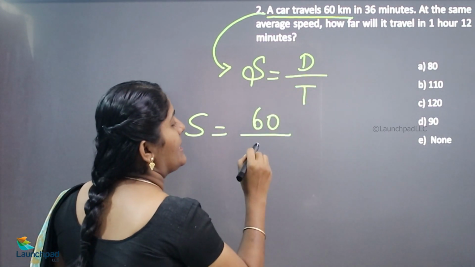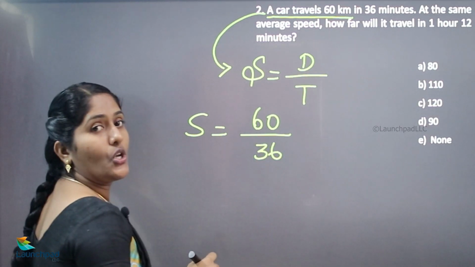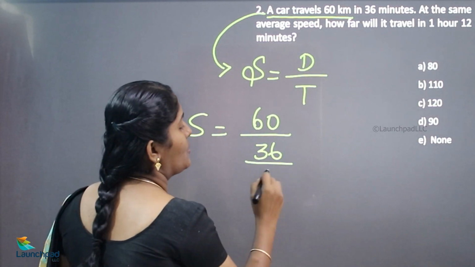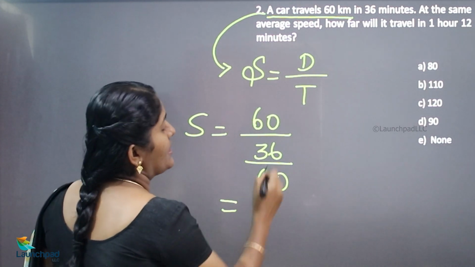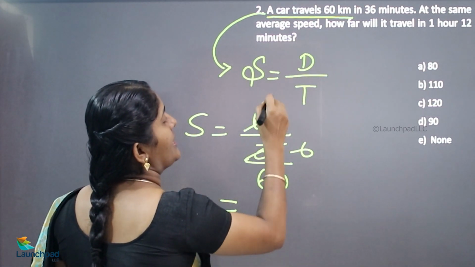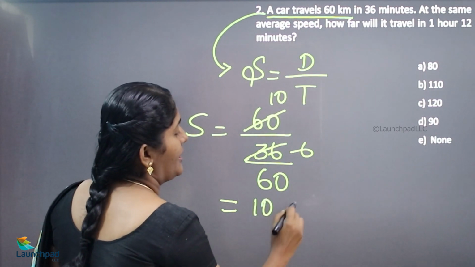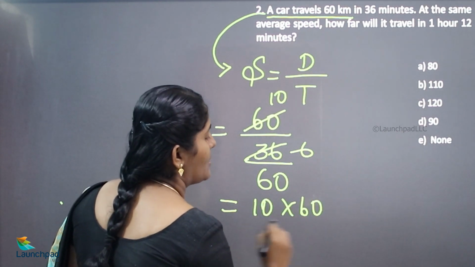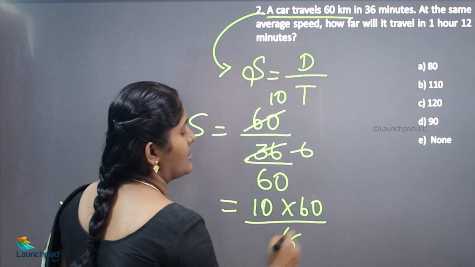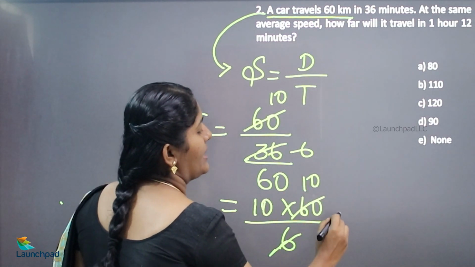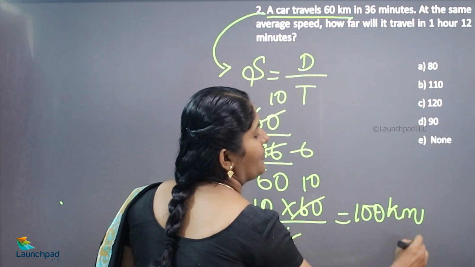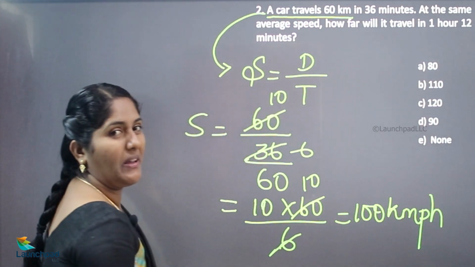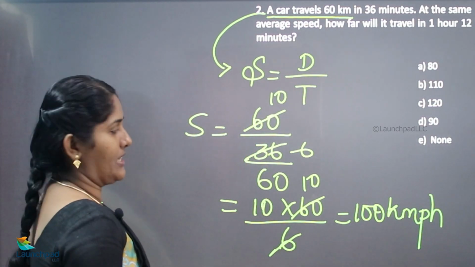And what is the time taken here? 36 minutes. So 36 minutes should be converted into hours, therefore 36 by 60. Six sixes are 36. This is 10 times. So 10 into 10, 100 km per hour is the speed of the car.